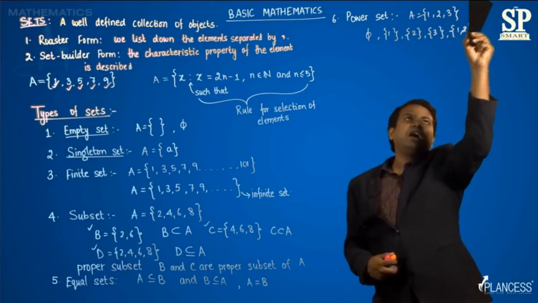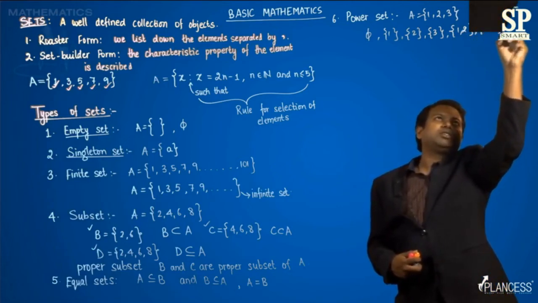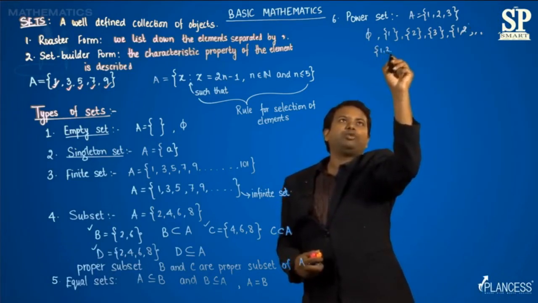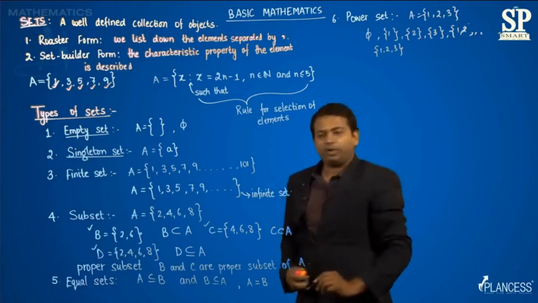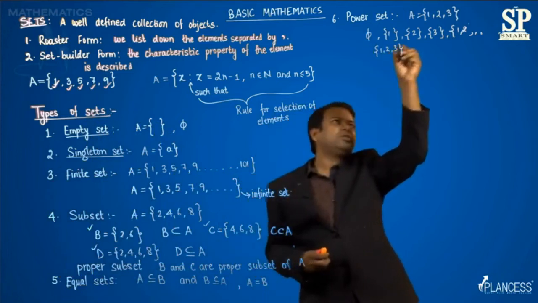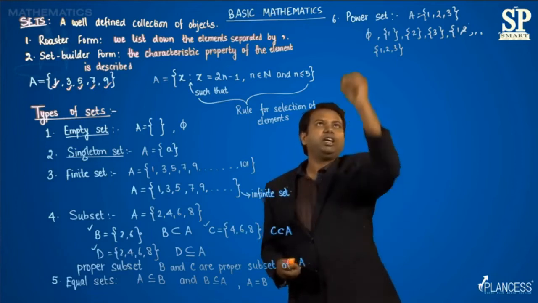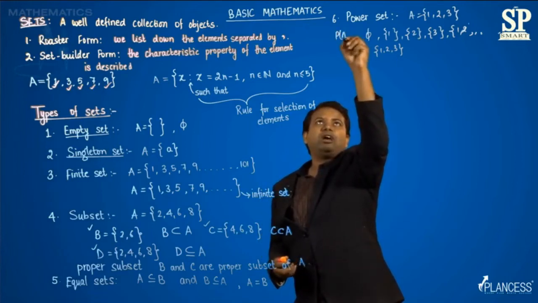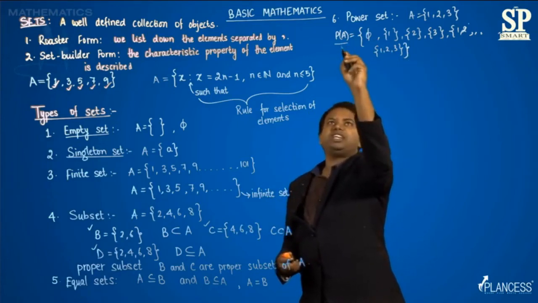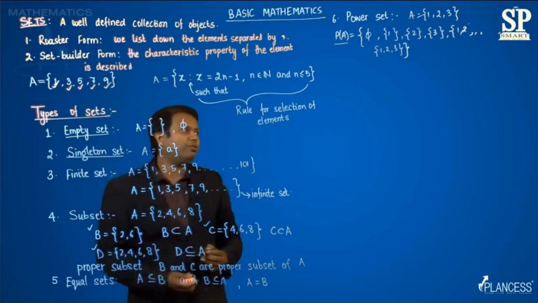Then we have another set of subsets which will have two elements each, and then we'll have a subset which will be exactly same as the set that we have. So here we found that there are 8 subsets that we can make out of the set A, and the collection of all these subsets is represented as P(A), and this is known as power set of the set A.